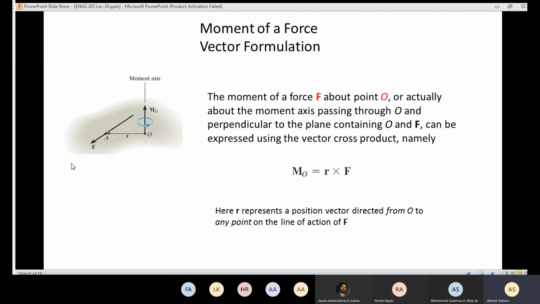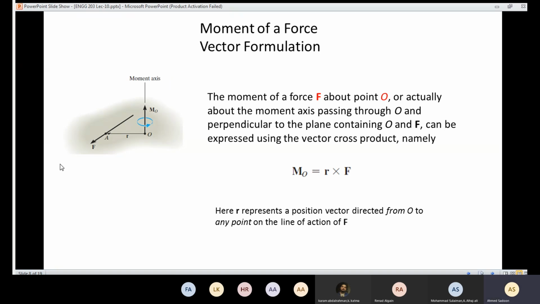This is an important point. It doesn't need to be perpendicular. And they found out that you will get the same answer, so it doesn't really matter, as long as the position vector is directed from the point of rotation, point O, towards any point on the line of action.